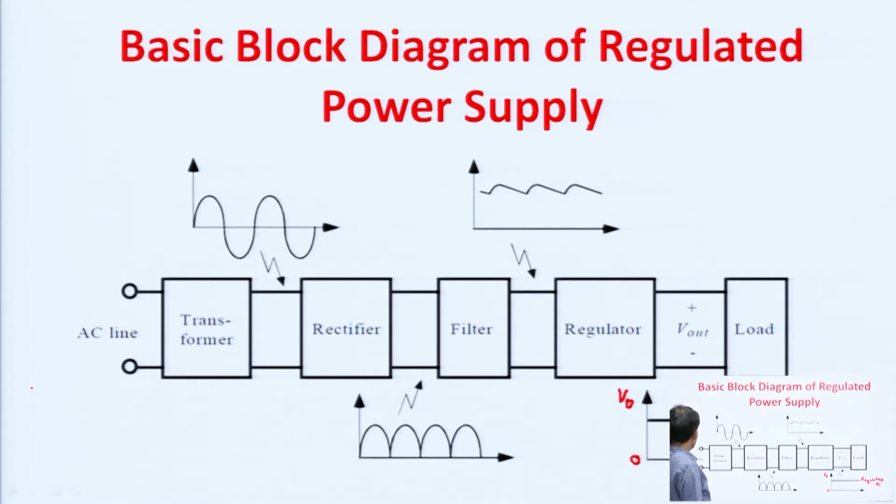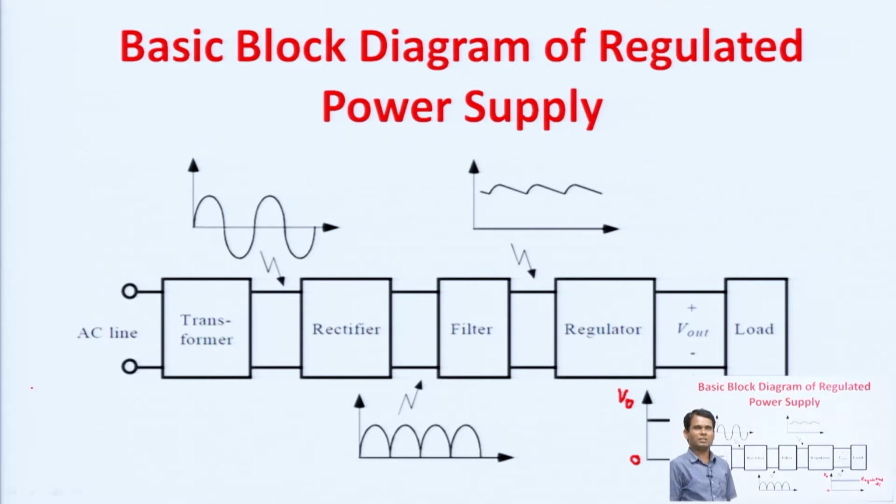Starting with the AC line, we have AC supply in our classroom, laboratories or home. Then we connect the 3 pin into the AC supply, then there is a step down transformer.